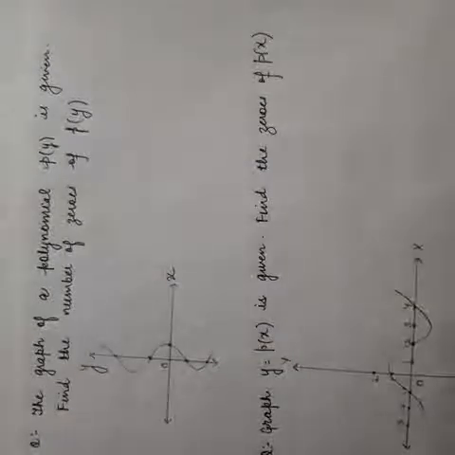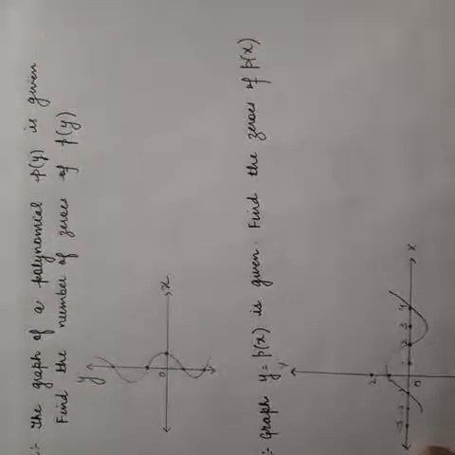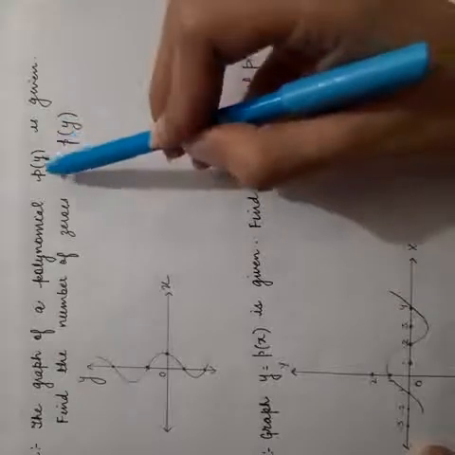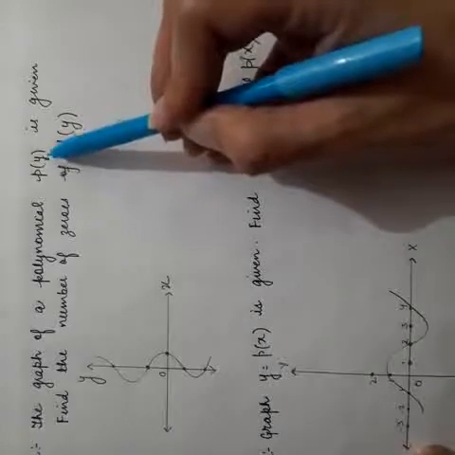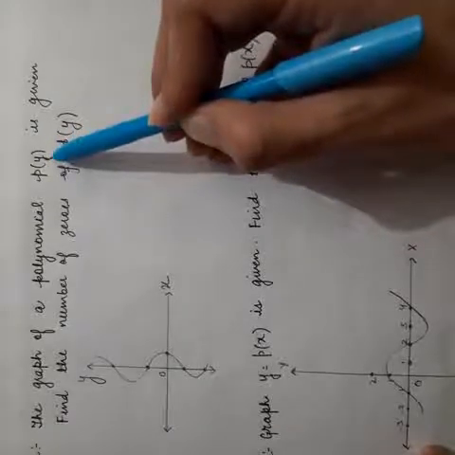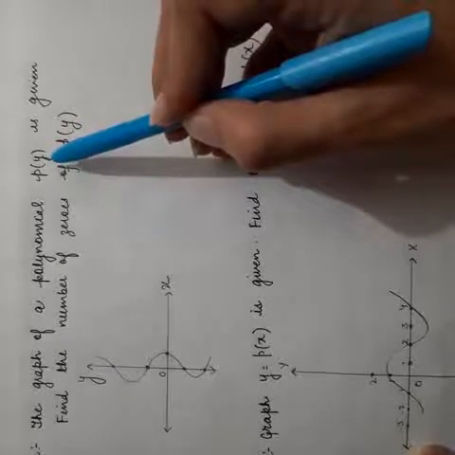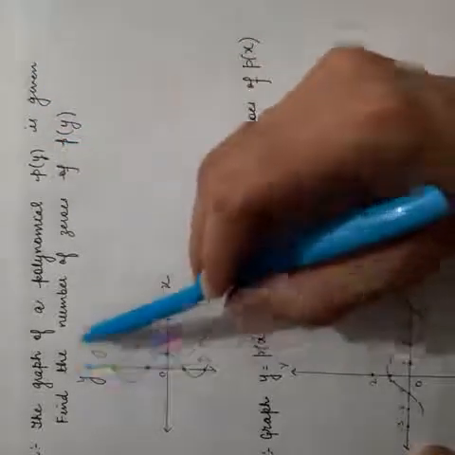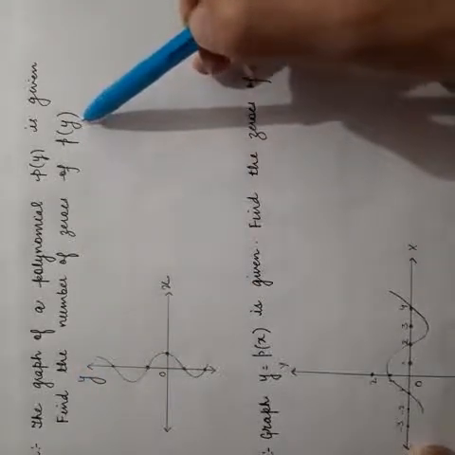Now another question based on the geometrical interpretation. The graph of the polynomial p(y). Most important thing, now just see the polynomial is in terms of y. The variable is changed. Earlier in all the polynomials we have used the variable x. Now the variable which is given to us is y. Find the number of zeros of this polynomial. Now you have to be very careful in this question.